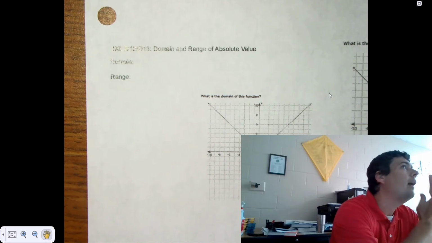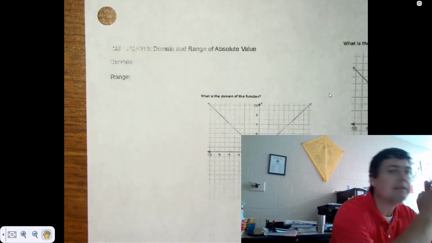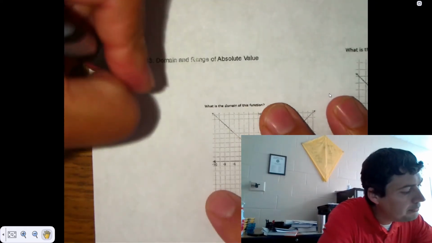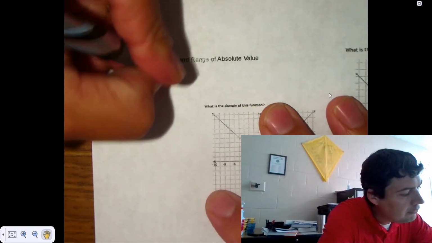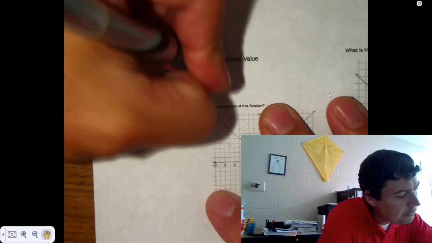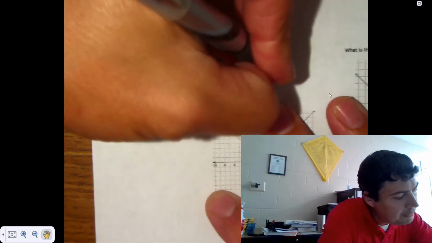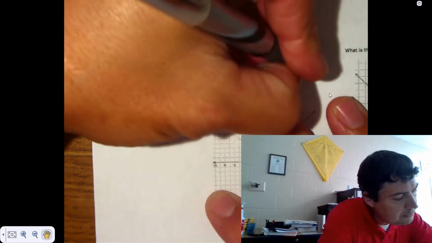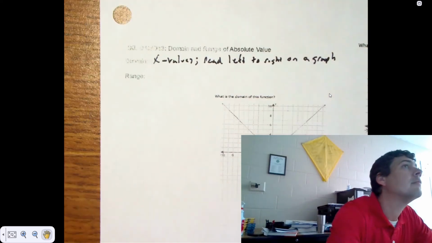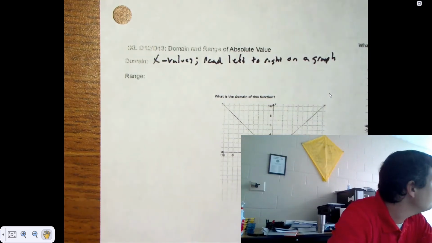When you talk about domain, what values are you interested in? X. Domain is the X values, and it is read left to right on a graph. How about range?